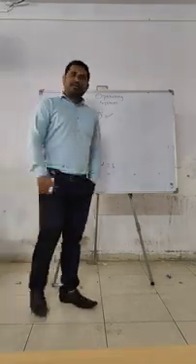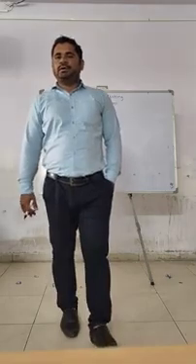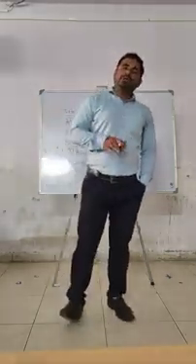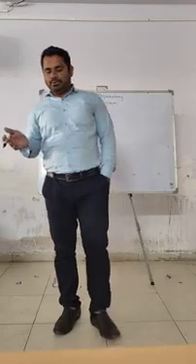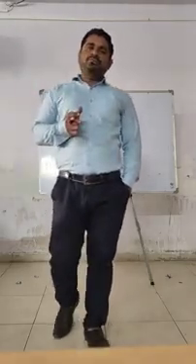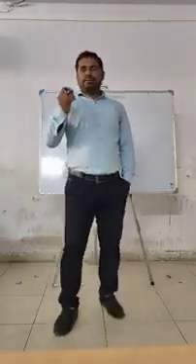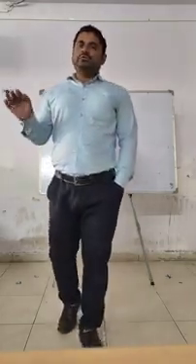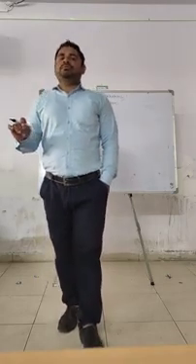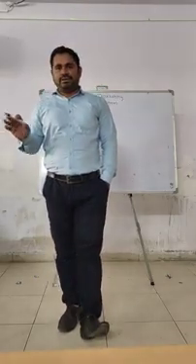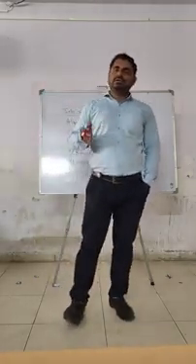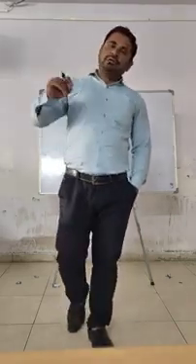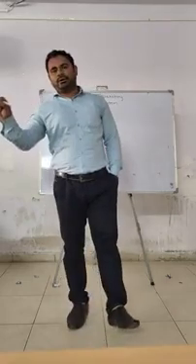Basically, job scheduling is divided into two categories: non-preemptive and preemptive. In non-preemptive, once a particular process has started its execution, we will not abort it in between the execution. It means that once a process has started its execution, we will continue it till the end of completion.